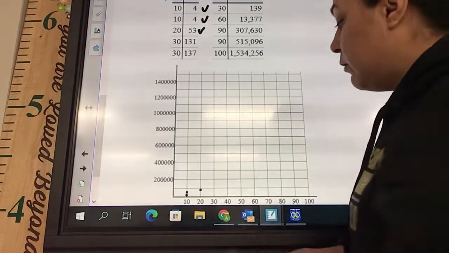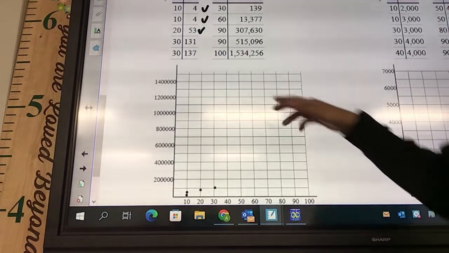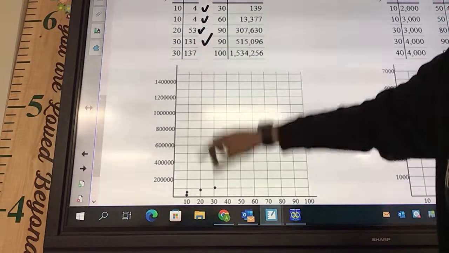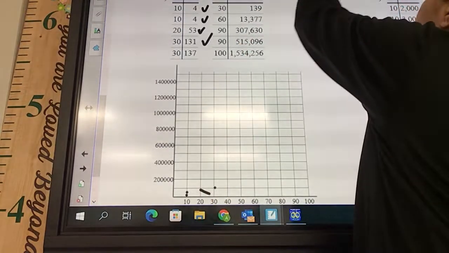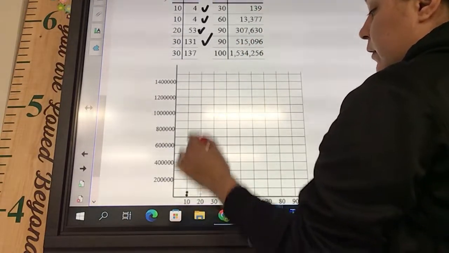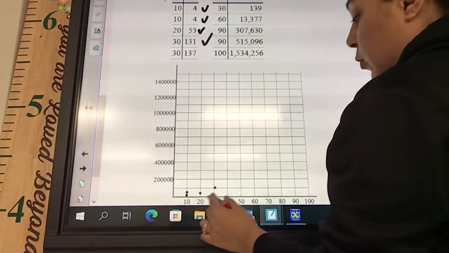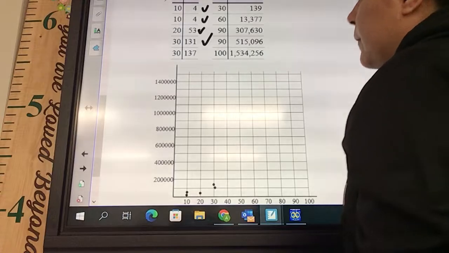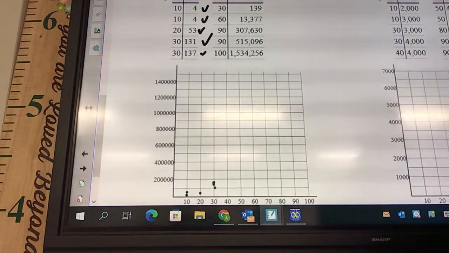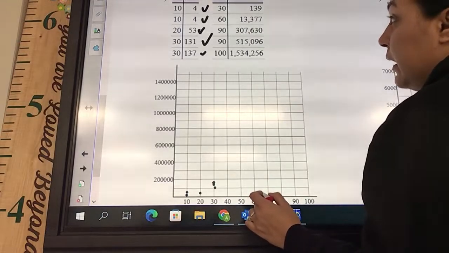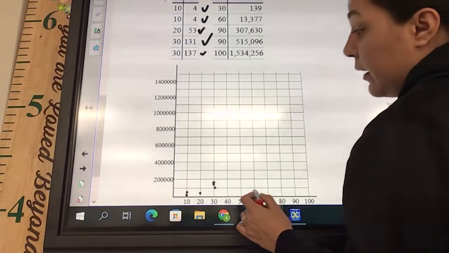30 and 131. And we're kind of just guessing. You'll be able to get a picture, but you're never going to be able to plot exactly on 131. 30 and 137. 30 and 139. 60 and 13,000.